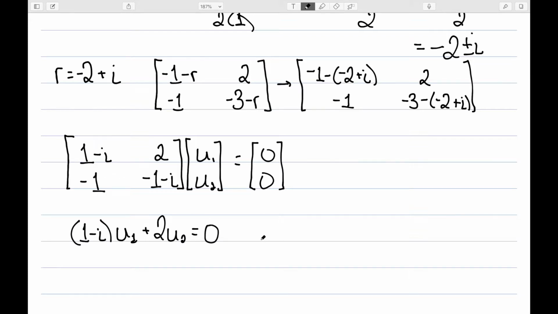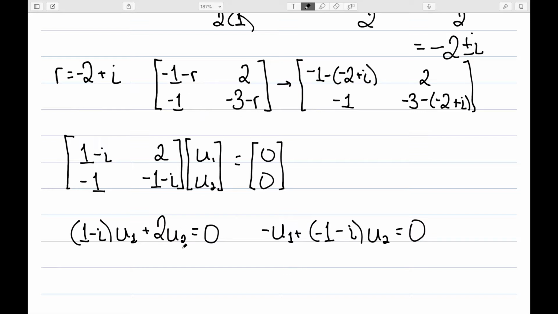My second row gives me -u1 plus (-1 minus i) times u2 equal to 0. Before, when we got these two equations, we always had an infinite number of solutions. They were really the same equation written two different ways. And that's always going to be the case.